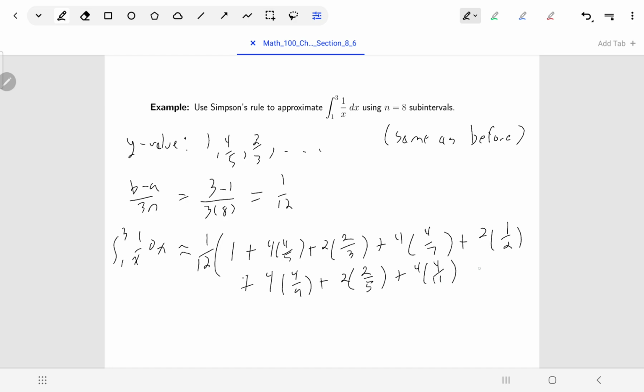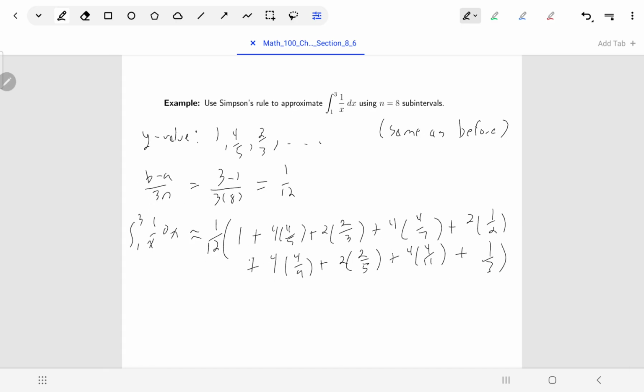And then we're on our last one, and the last one is just 1 times the last one, and the last one was 1/3. So when I run that through my calculator, I get 1.0987539. That's what I got on my calculations from my calculator.